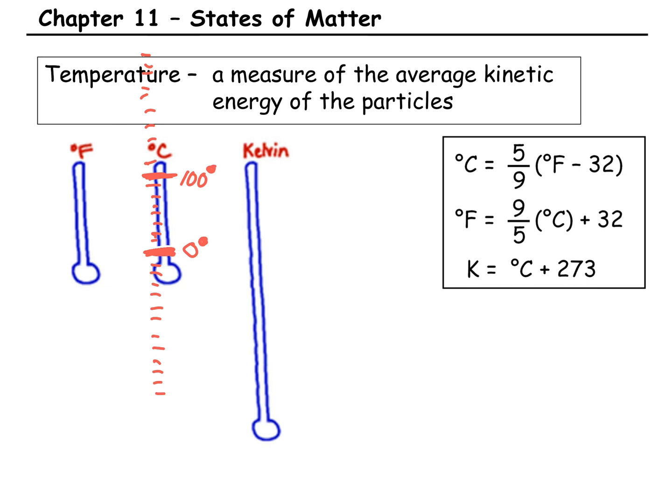Now, on the Fahrenheit scale, 0 degrees Celsius actually translates into 32 degrees, and the 100 degrees Celsius translates into 212 degrees Fahrenheit. Those are the temperatures at which water freezes and water boils. Now, where was the 0 spot picked then for the Fahrenheit scale?